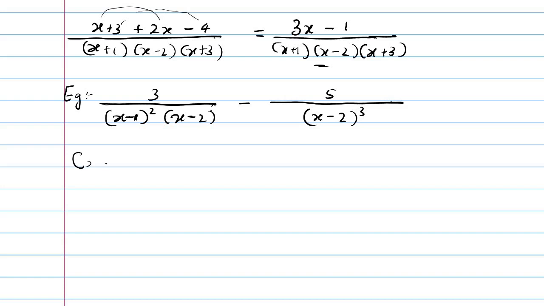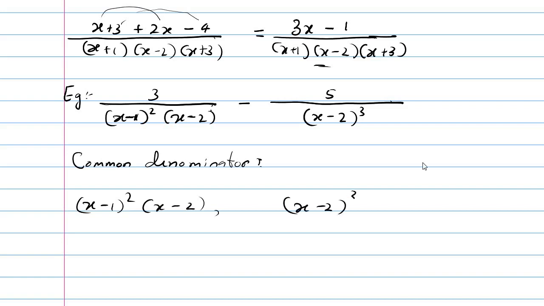So we need to find the common denominator. To start with, we have x minus 1 squared and then x minus 2, and then we have x minus 2 to the 3, right? Okay, fine.